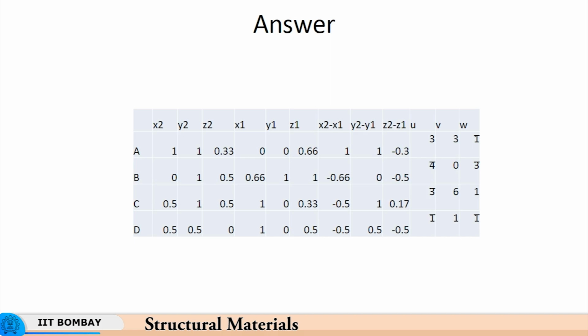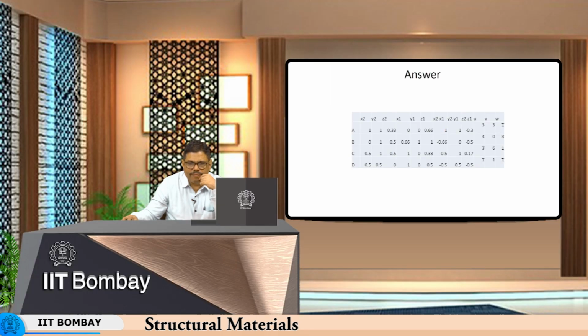Because Z2 minus Z1 is essentially 0.33, and Z2 0.33 minus 0.66 is minus 0.33. That is why if you multiply everything by 3, then you get integer values. So, you have 3, 3 bar 1 as the Miller indices for this particular direction A.